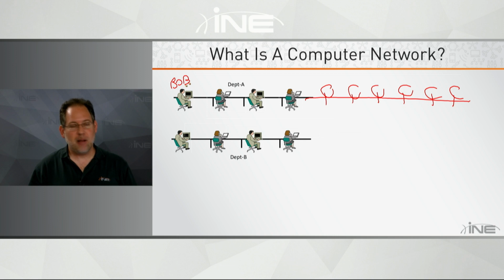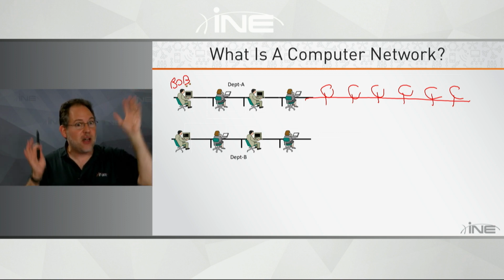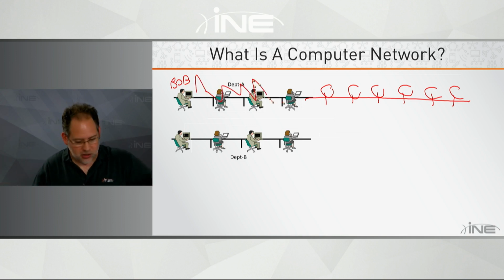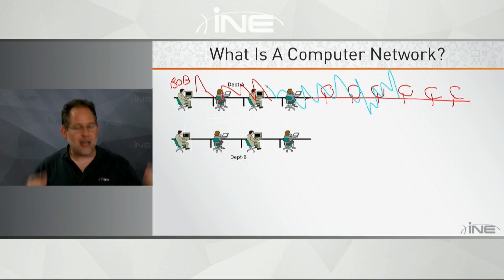Now Bob is having a problem because he can't get his information on that cable very often because it's so busy. And let's say he just happens to get lucky and he squeaks in there. Okay, it's free, nobody's talking. He starts squeaking in there. With this many devices on the cable, now there's a greater likelihood that his electrical energy will run into somebody else's electrical energy. A greater likelihood of collisions.